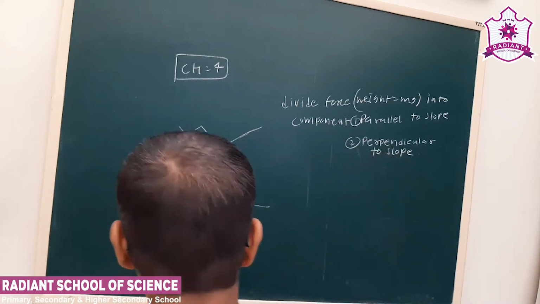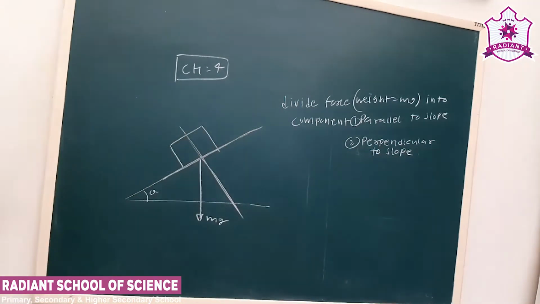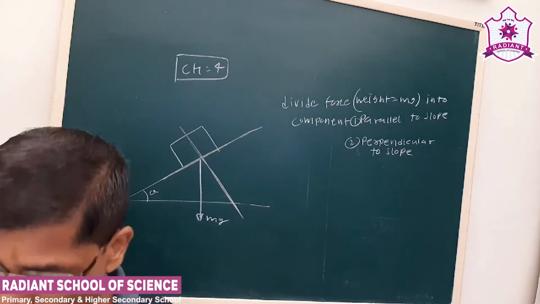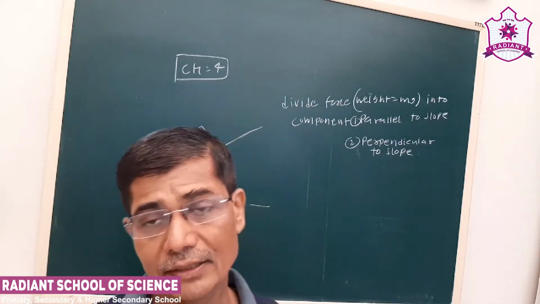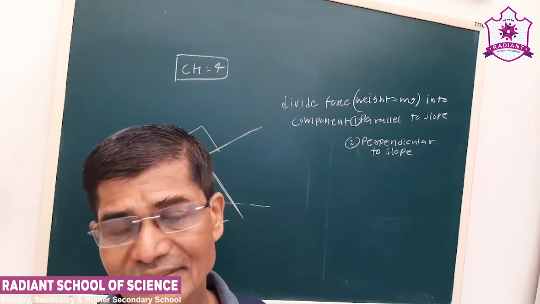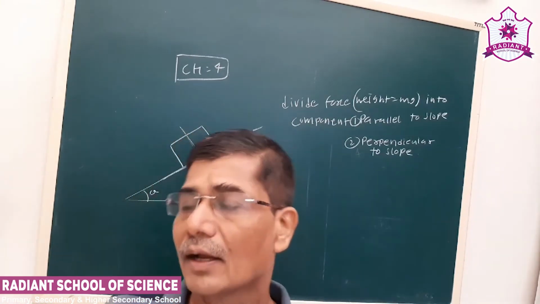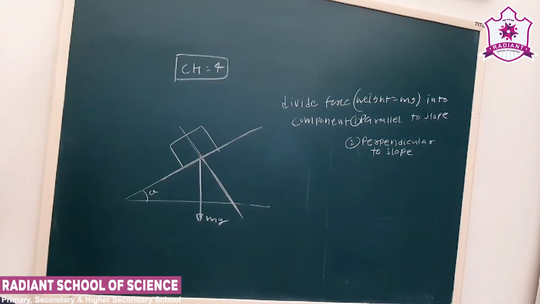In that case, see here the weight is mg. You have to divide the weight, or force, into components: one which is parallel to the slope, and second, perpendicular to the slope. Now you can see here x and y are not given.